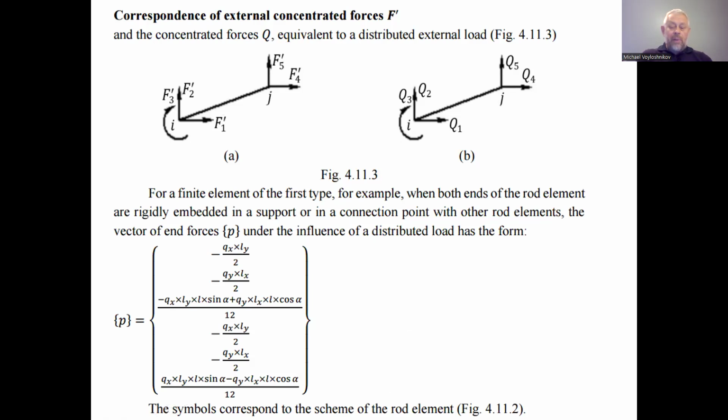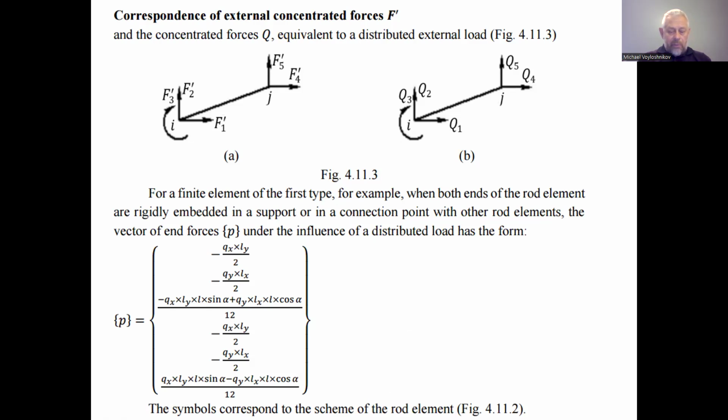Yes, for all 4 types of finite elements we will find the same formulas, and all 4 types are available in our mechanical system.